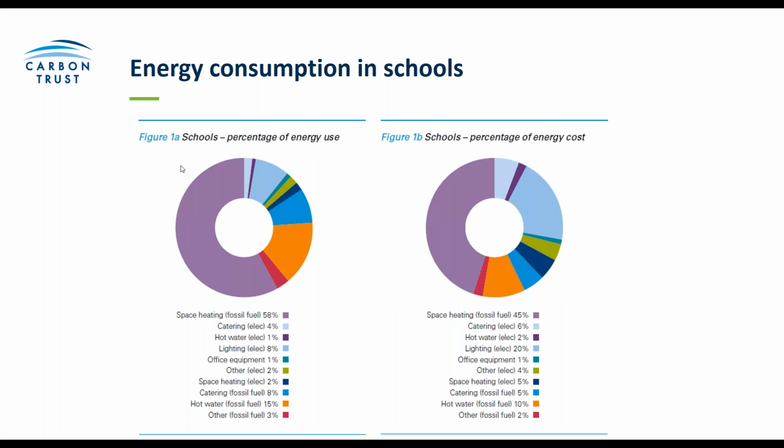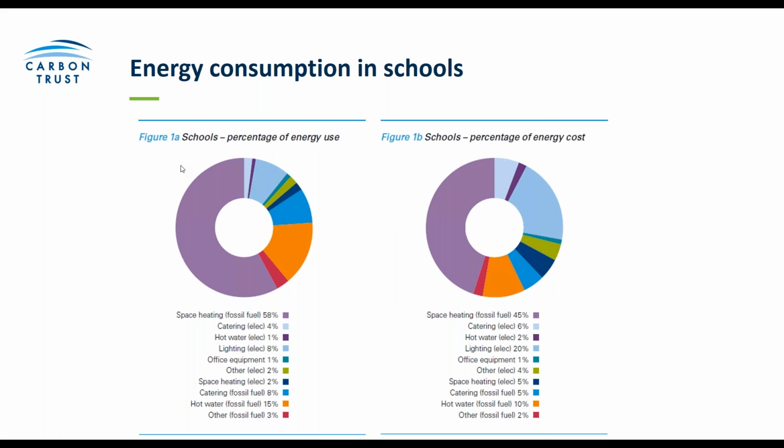These can be quite a useful starting point for doing a bit of a comparison and deciding which areas to prioritize as well. To give an example of that, you'll notice on the pie chart on the left-hand side that lighting accounts for 8% of the total energy consumption.